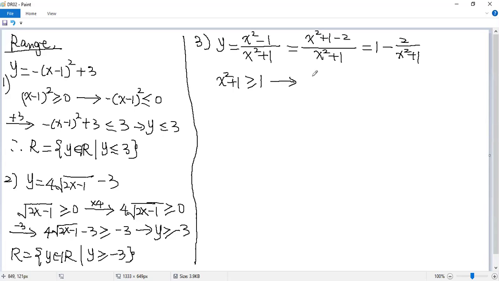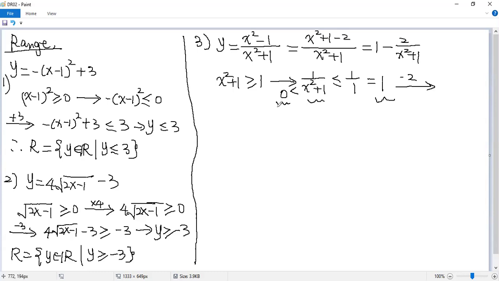Then we get 1 over (x squared plus 1) should be less than or equal to 1 over 1. We know 1 over 1 equals 1, but 1 over (x squared plus 1) should be greater than 0. So we focus on this one. Now I want to create the 2, so both sides are multiplied by -2.